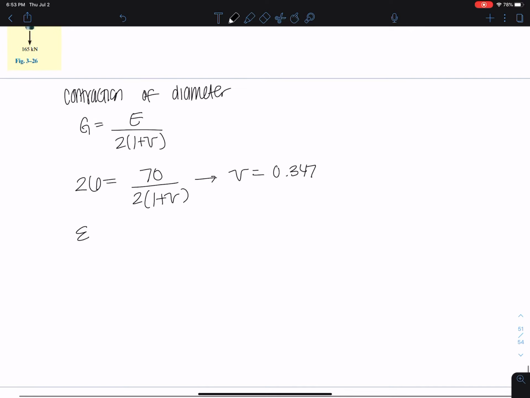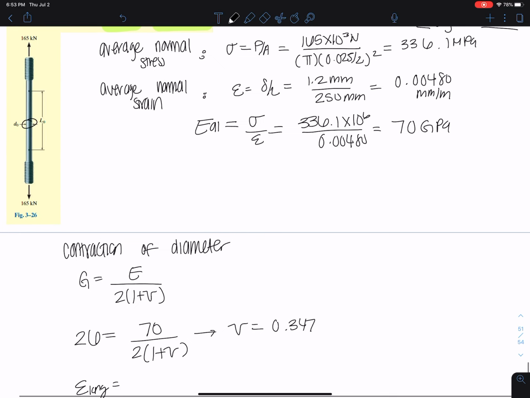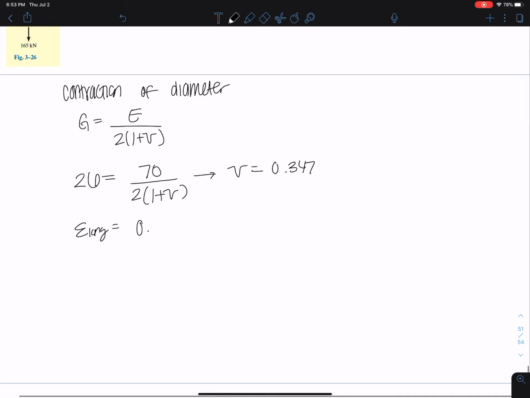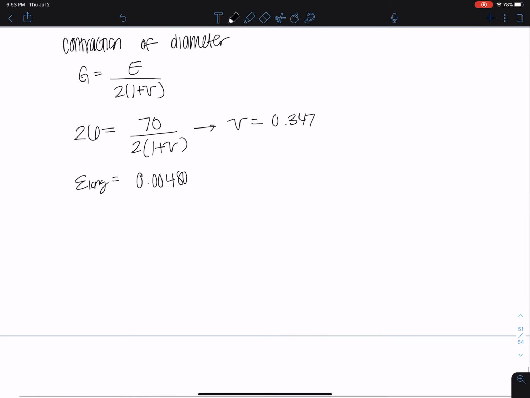If we know that the longitudinal strain, which we just calculated, is 0.00480, and this is longitudinal because it's related to the normal stress, then we know that Poisson's ratio is equal to negative epsilon lat divided by epsilon long.